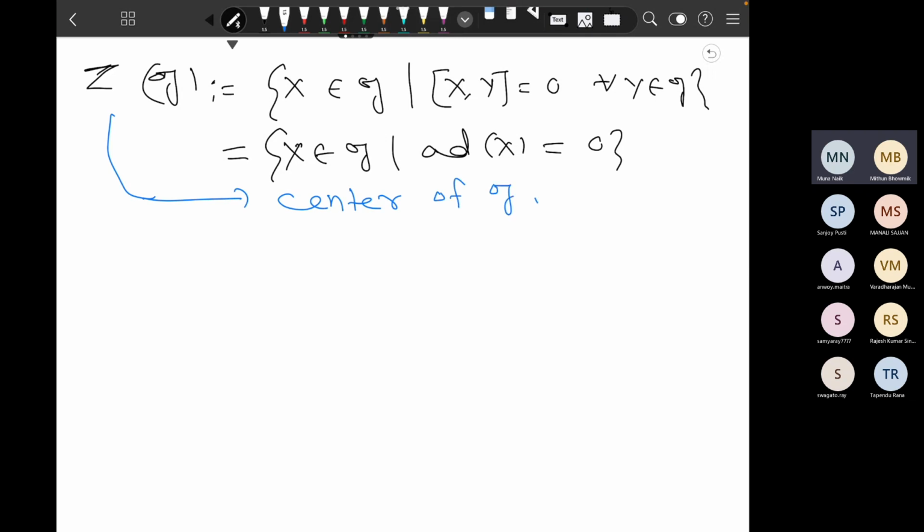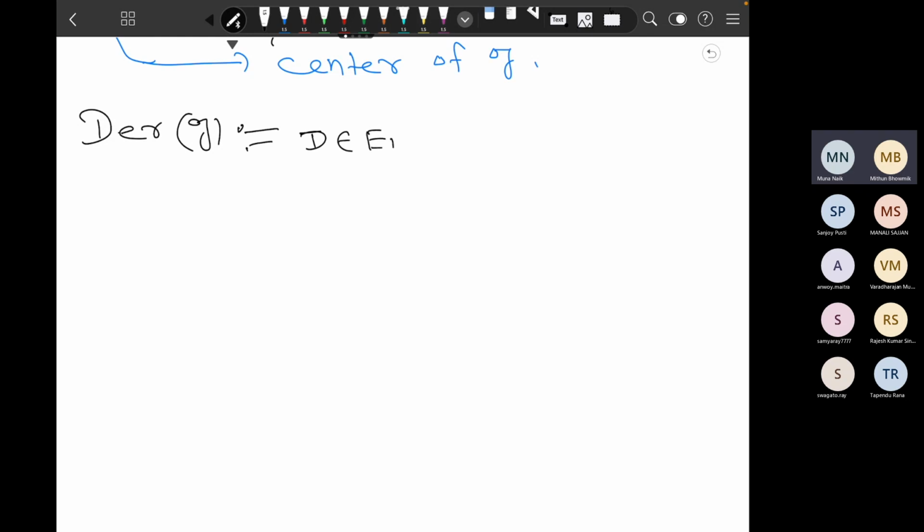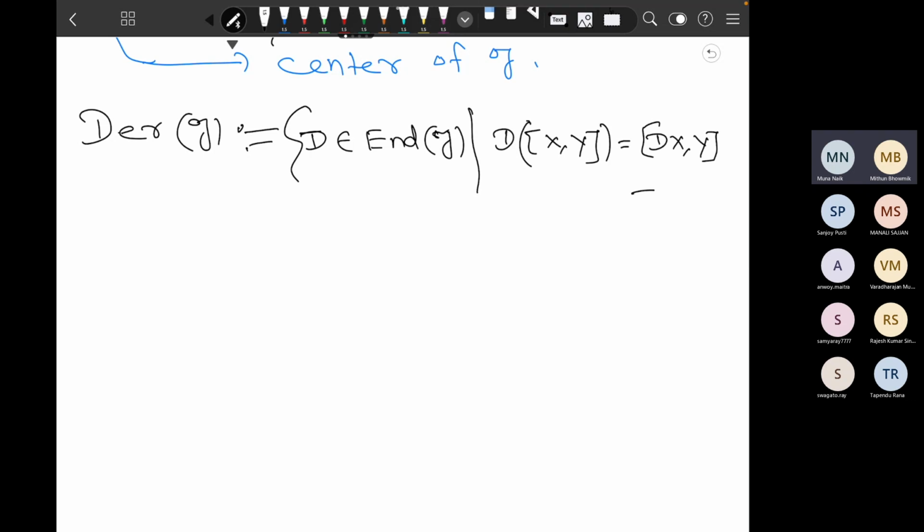Okay. Now I define the derivation of g. This is defined as D belongs to End g, so that D of [x,y] is equal to [Dx,y] plus [x,Dy] for all x, y belongs to g.